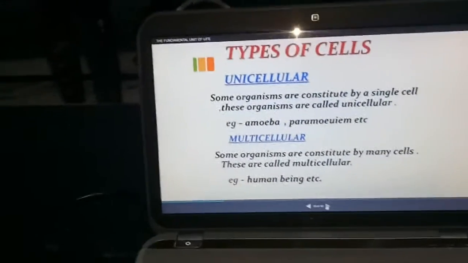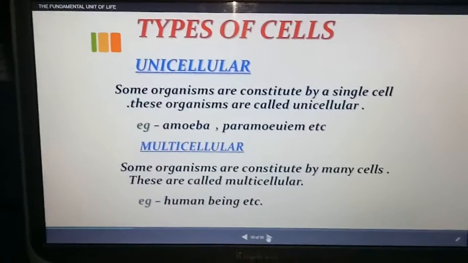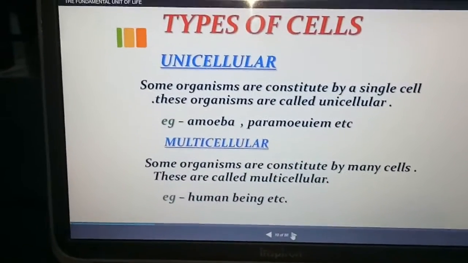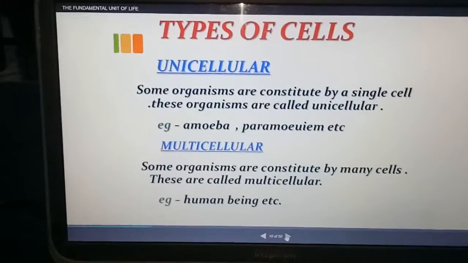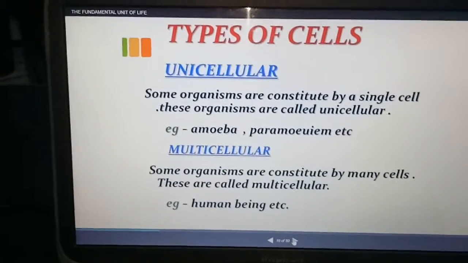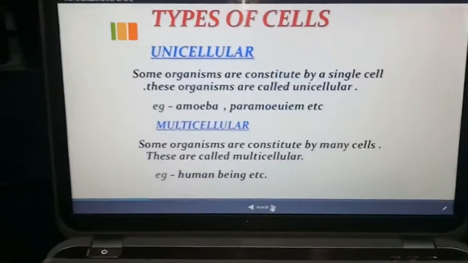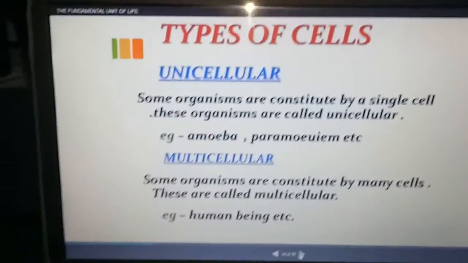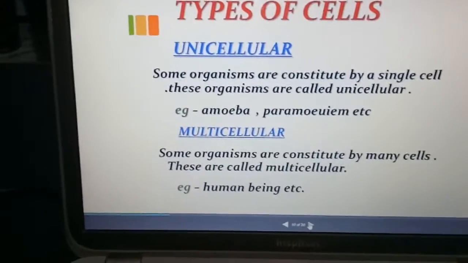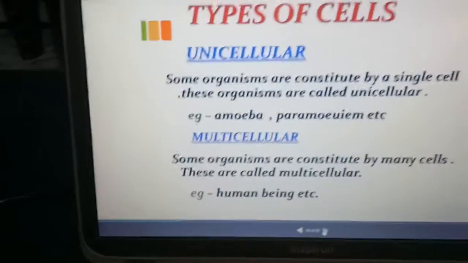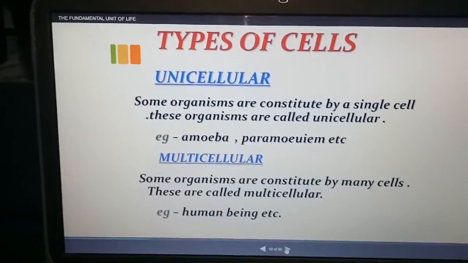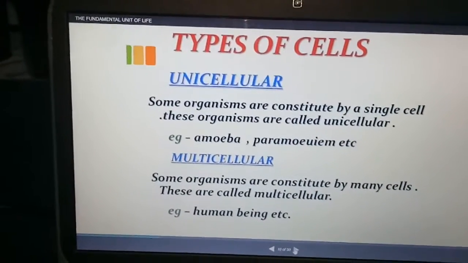Now, cells are of two types, unicellular and multicellular organisms. Unicellular organisms are made up of a single cell, like amoeba and paramecium. Multicellular organisms, like human beings, consist of many cells.